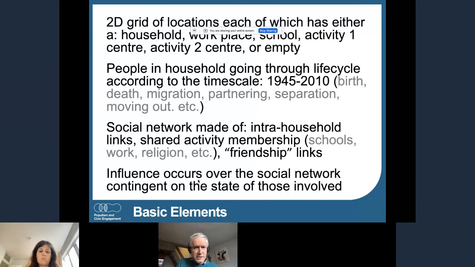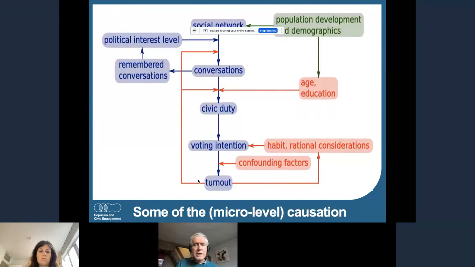A brief summary of the micro level causation. It's quite complicated. One of the main things is this loop around political interest level.